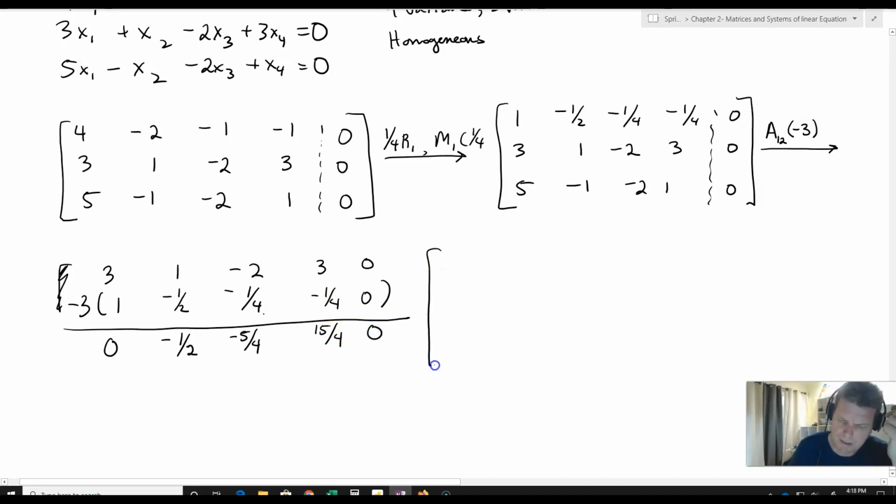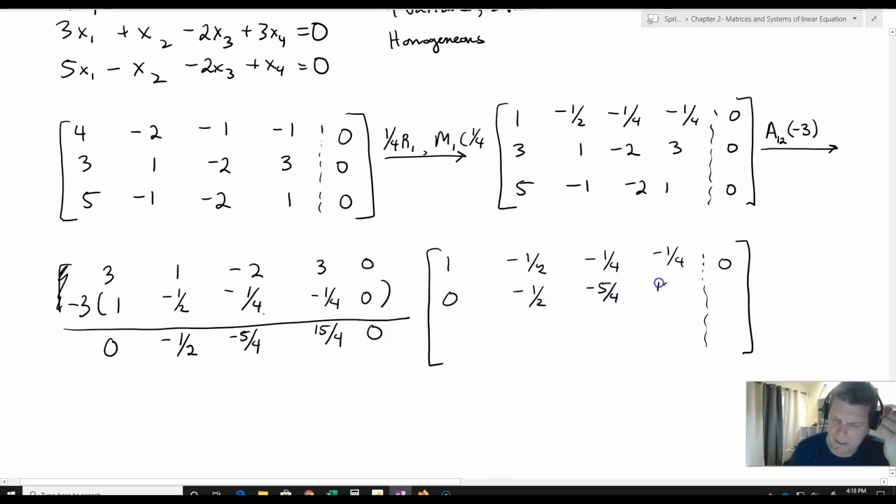So my new matrix is going to be 1, negative 1/2, negative 1/4, negative 1/4, 0, 0, negative 1/2, negative 5/4, 15/4, 0, and then 5, negative 1, negative 2, 1, 0.